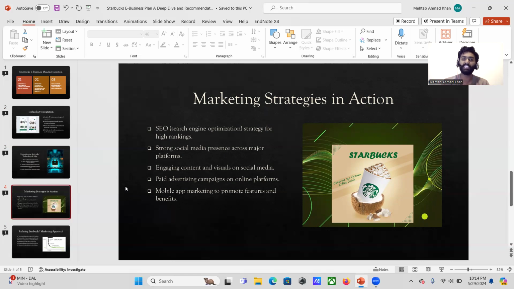They engage users through engaging content and visuals. One example we have put in our slides is the Starbucks cup dipped in a coconut, which is a very beautiful picture.